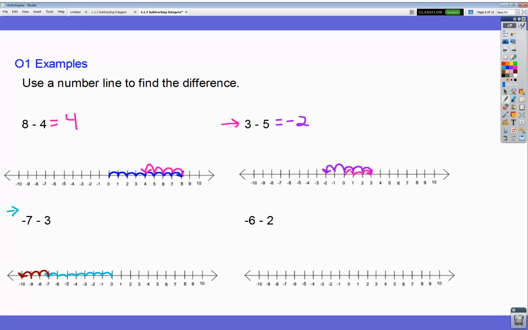So negative 7 minus 3 is negative 10. In our last example, we're also going to start with a negative and then subtract. So we're going to go 6 to the left. And then we are subtracting 2. So we're going to go 2 to the left. So negative 6 minus 2 is negative 8.